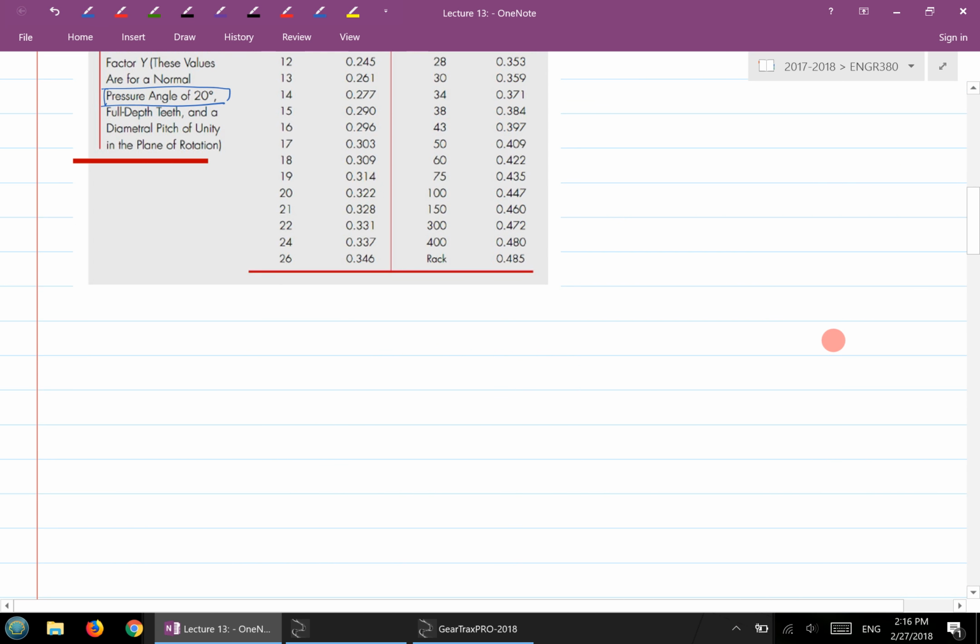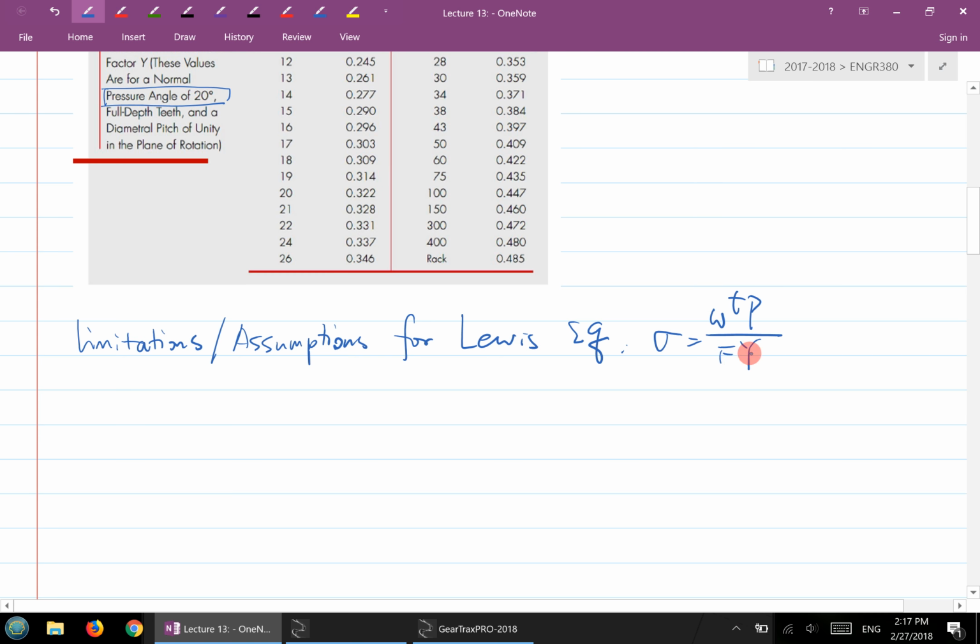Before we move on here, we also need to point out there are some limitations or assumptions for the Lewis equation. The way the Lewis equation is derived, what's the limitation? I mentioned during the derivation, we only considered the transmitted load Wt.